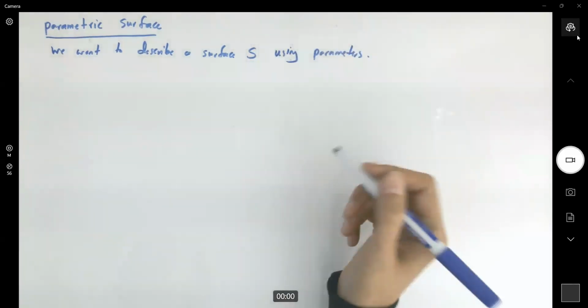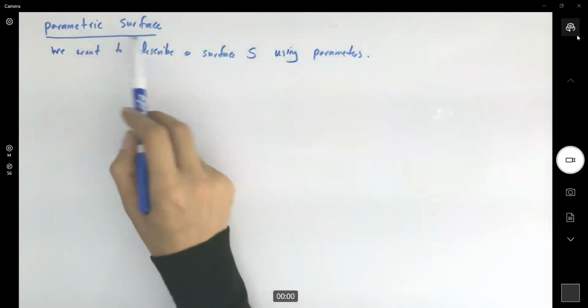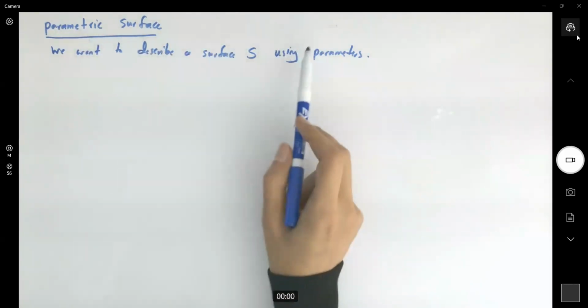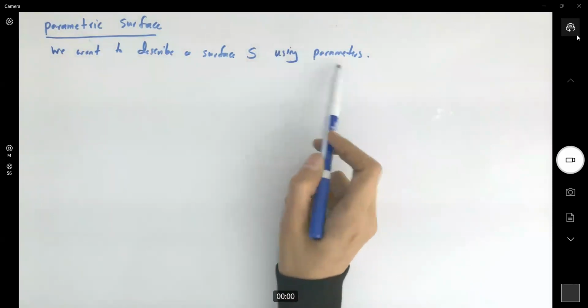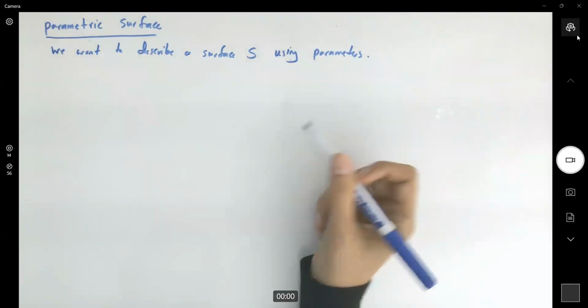We're going to introduce new parameters. It helps us to convert the formula for a surface into using just two parameters. It makes the calculations much easier for us.